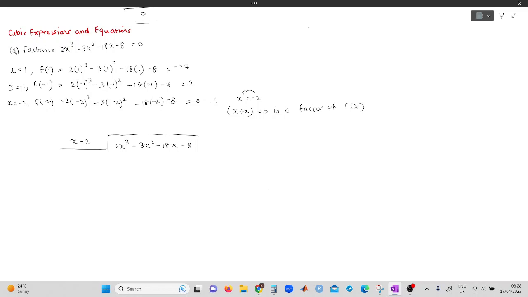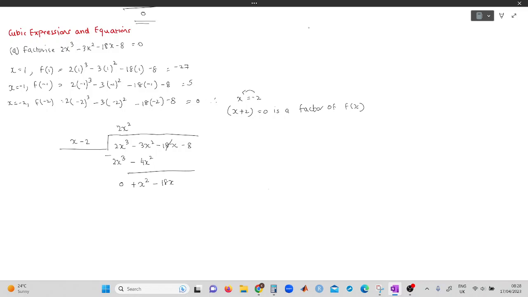Donc 2x cubed divisé par x, 2x squared. I will multiply by the dividing factor. Donc 2x cubed minus 2x cubed gives me 0. Minus 3 minus 4 plus x squared. I bring down minus 18x. Okay. I will get, donc refaire la même chose là.